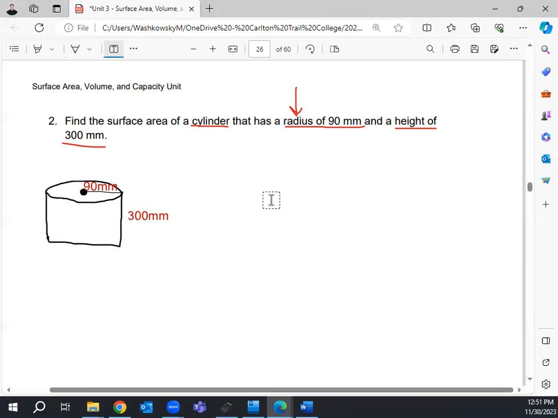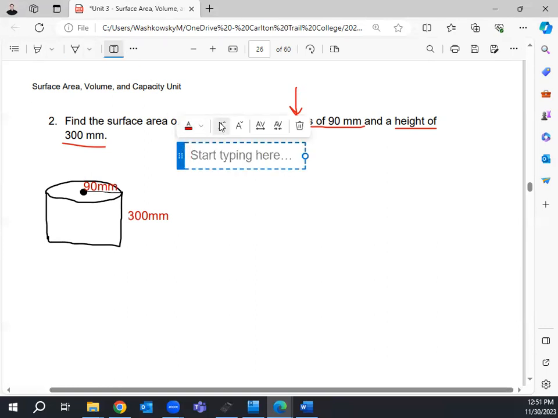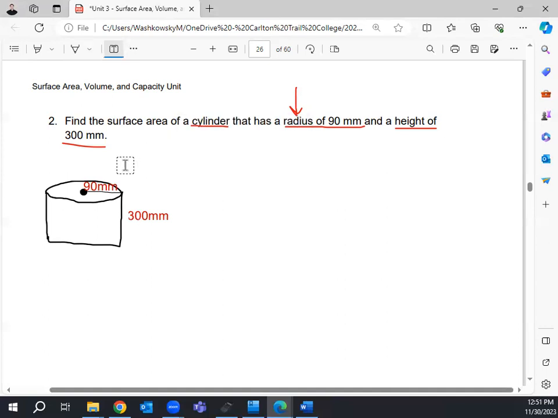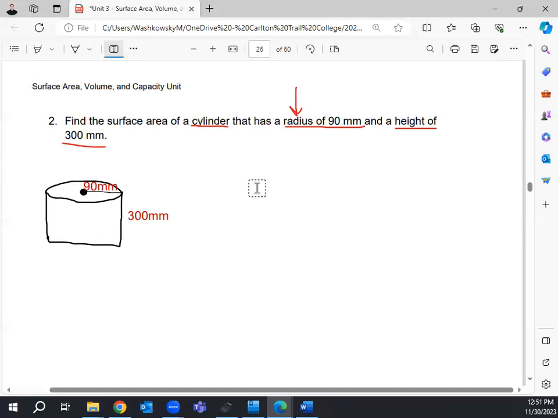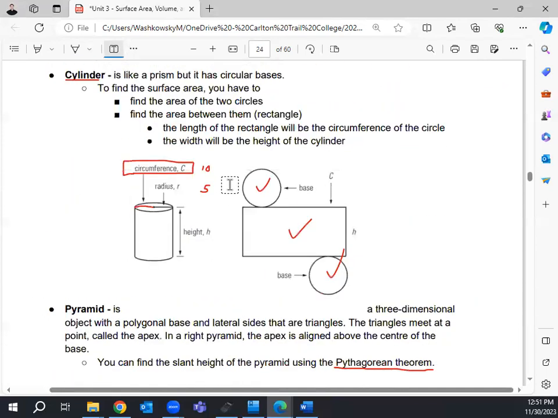So if I want to find the surface area of a cylinder, do you remember how do I do that? To find the surface area of this cylinder, what I need to do is find the area of the two circles and the area of the rectangle, right?